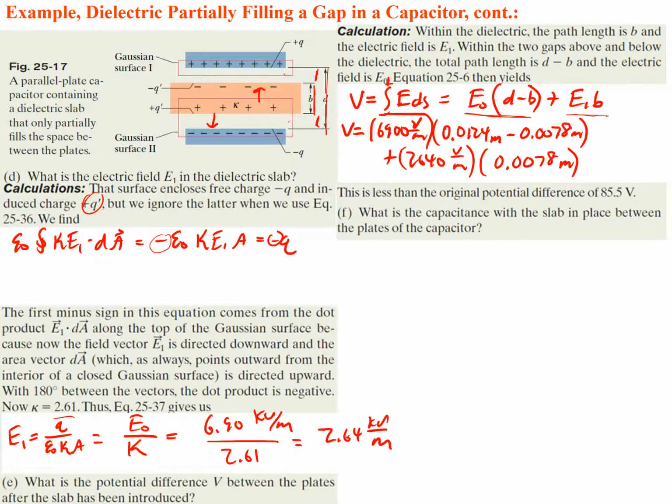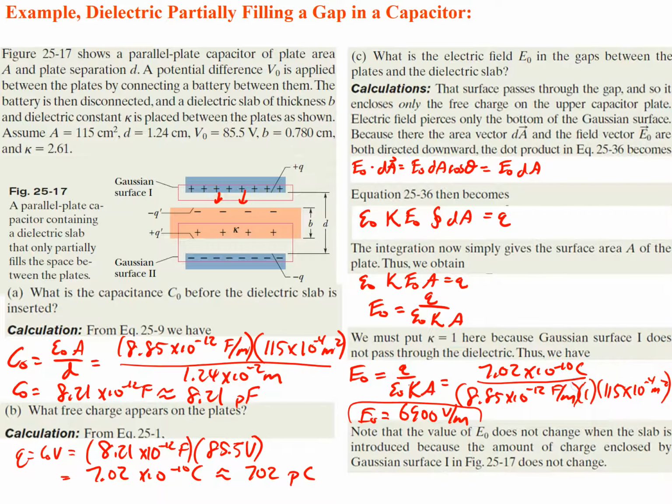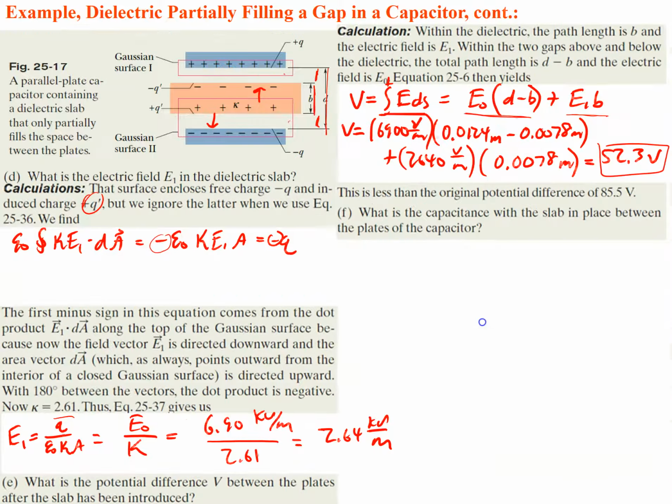And this gets us a value of 52.3 volts. All right, so you can see that we went from an original voltage of 85.5 down to a voltage of 52.3 after you introduced the dielectric slab. So this is less than the original potential difference of 85.5.